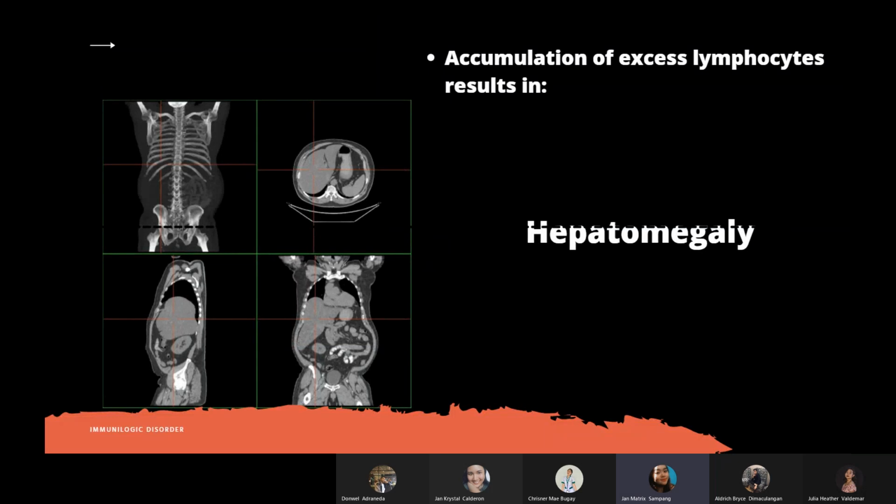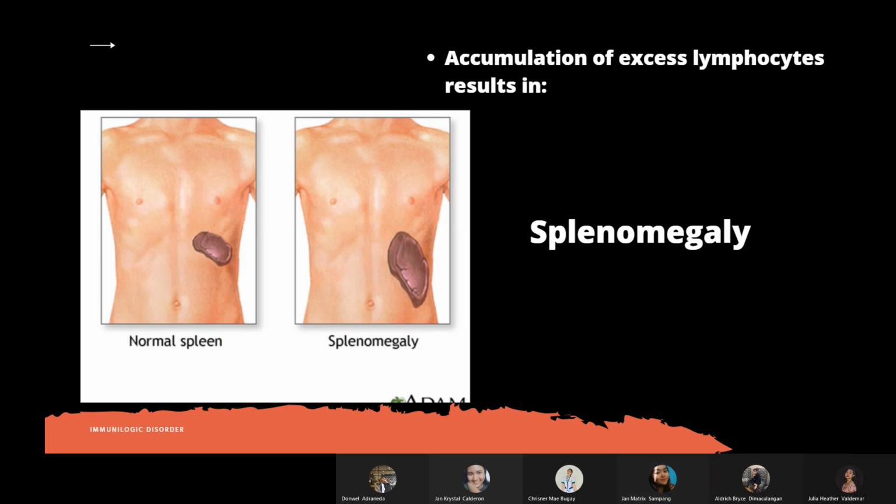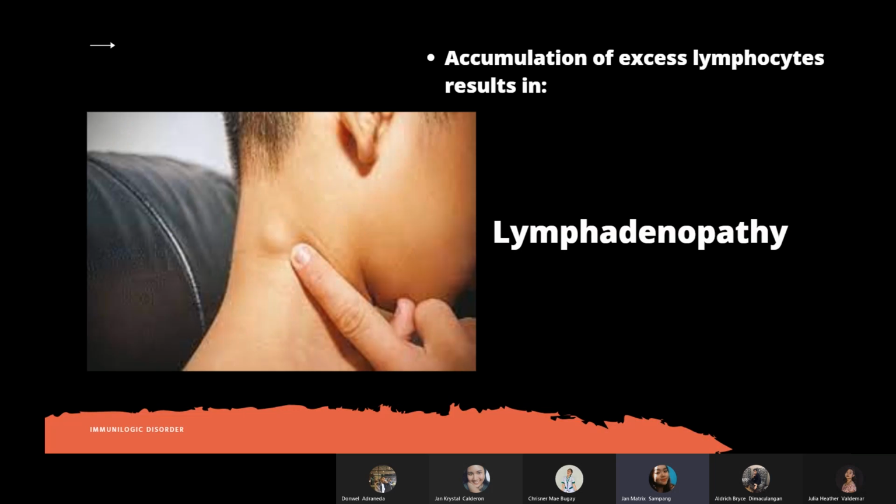The accumulation of excess lymphocytes results in hepatomegaly, which is the enlargement of the liver, splenomegaly, which is the enlargement of the spleen, and lymphadenopathy, which is the enlargement of the lymph nodes. Splenomegaly can be severe in children.